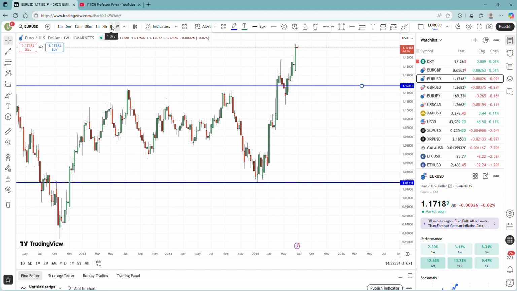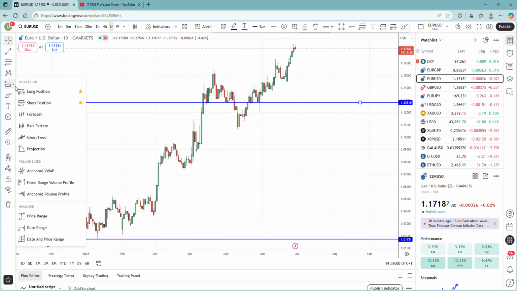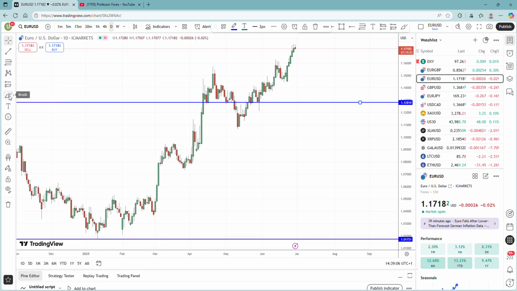If you then go to a daily time frame, you repeat the process once again. You get your rectangle tool out, you can find it here. So here's the most recent high low.